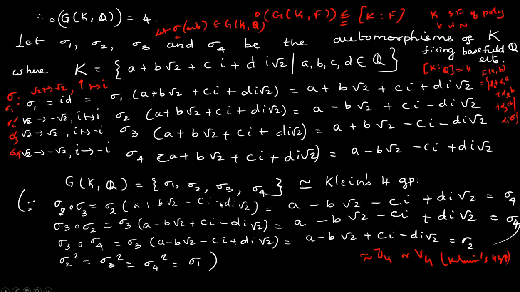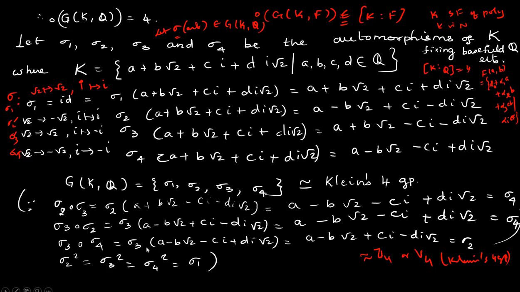So root 2 is taken to minus root 2, so you have plus. But what is this? This is nothing but the image of the arbitrary element that you considered under sigma 4. Look at these two. They are the same. So in the same way, sigma 3 composition sigma 2, when you find it, you will get sigma 4.